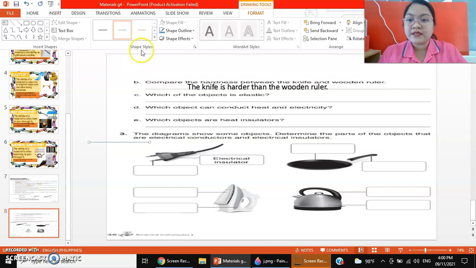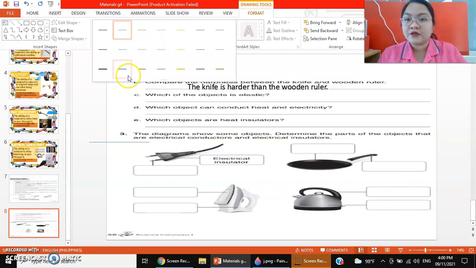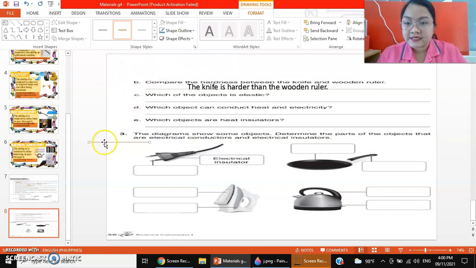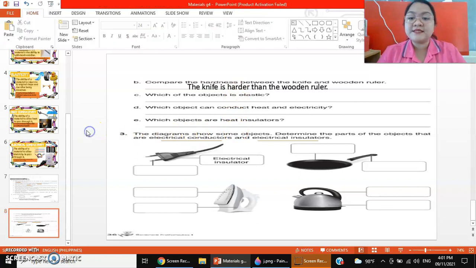So what do we mean by electrical conductor and insulator? When we say electrical conductors, these materials allow heat and electricity to pass through it. While electrical insulators do not allow heat and electricity to pass through it.